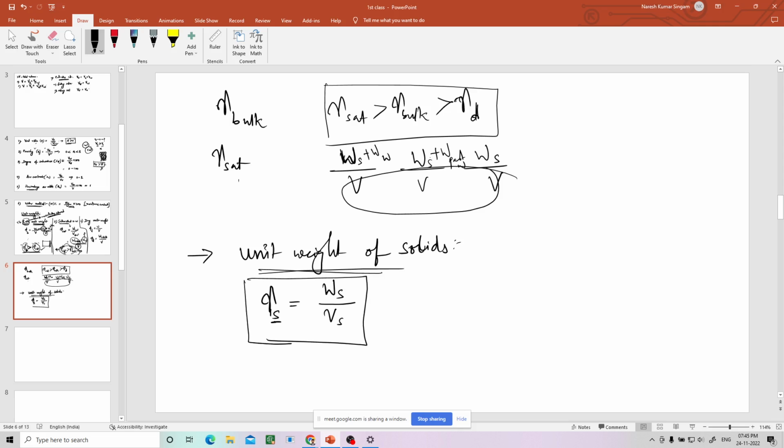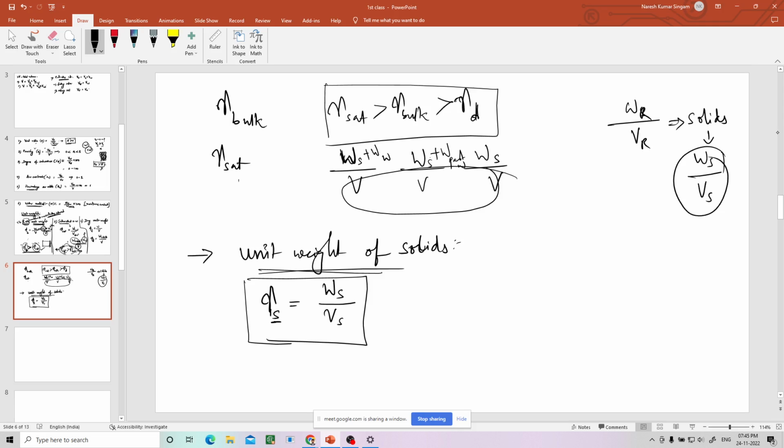See, we are not talking about the soil here. Suppose you just take unit weight of rubber. You will take weight of the rubber and volume of the rubber. Just like that, I am talking about just solids. Then you have to take weight of the solids divided by the volume of the solids.